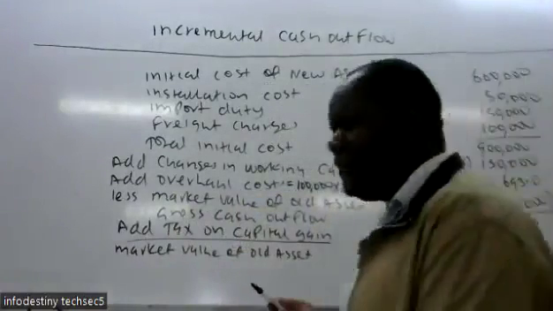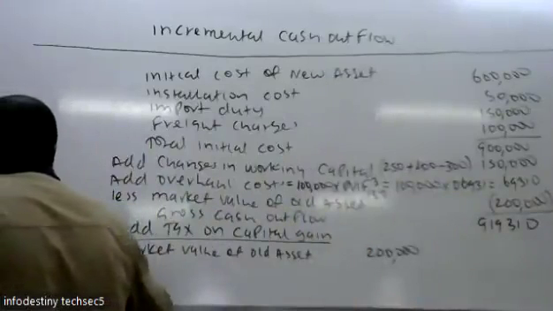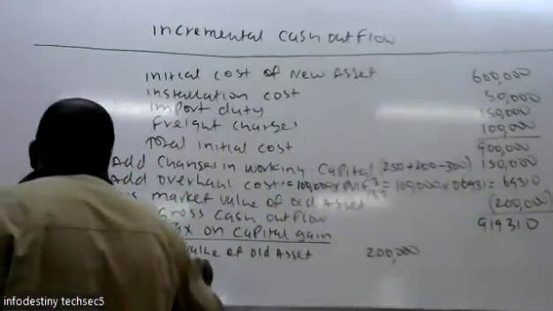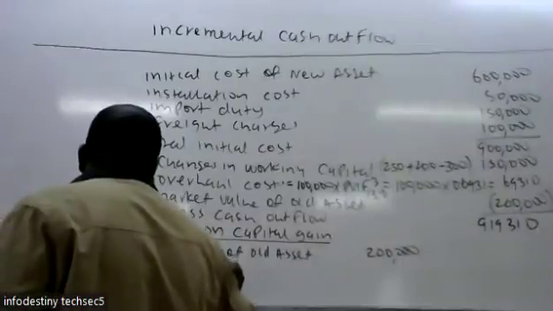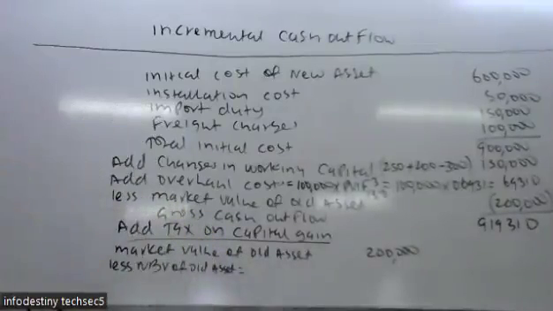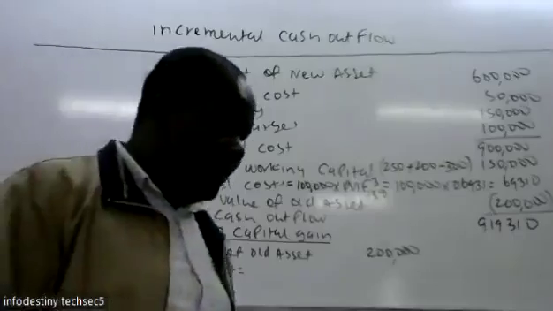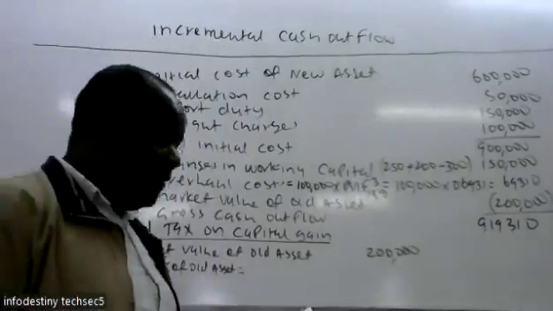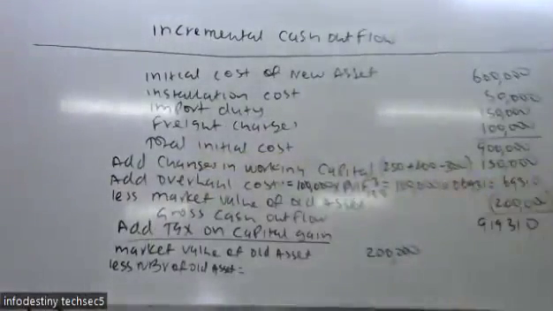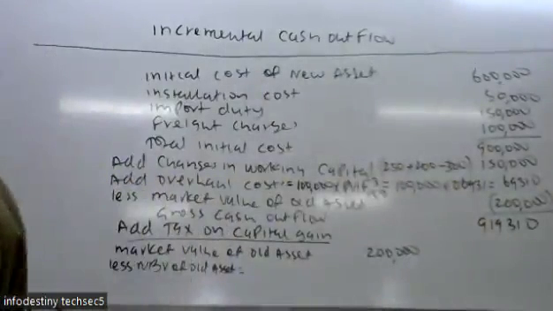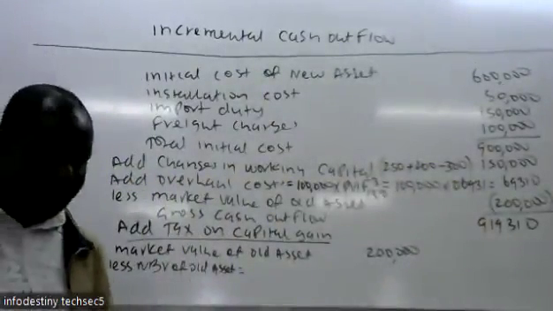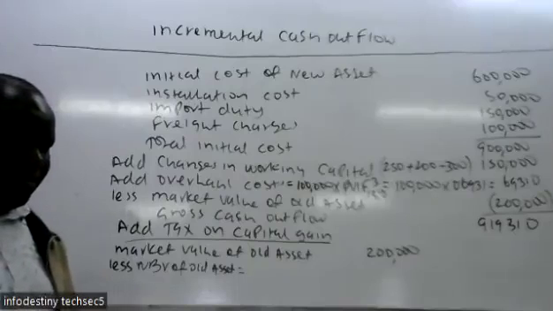Then we are supposed to less the net book value of the old asset. When it comes to the net book value of the old asset, we start with the initial cost of the old asset.